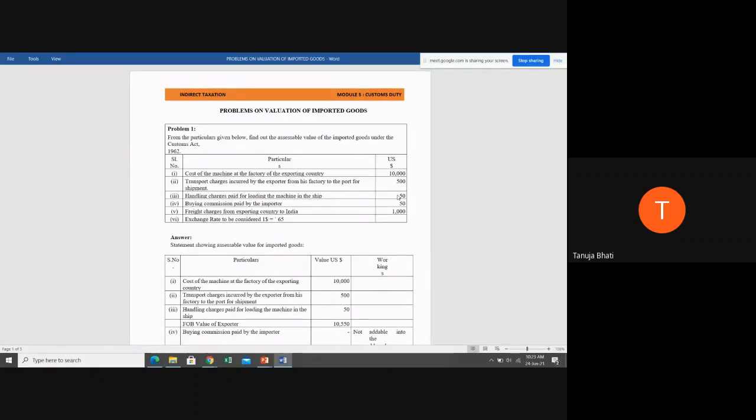Free Alongside Ship, meaning all those expenses incurred by the exporter in respect of exported goods from his factory up to the point the goods reach the customs port. So what all are the expenses? It can be the ex-factory cost, local insurance, local transportation cost, or unloading charges. Is it clear?